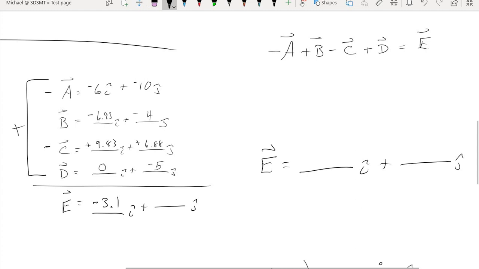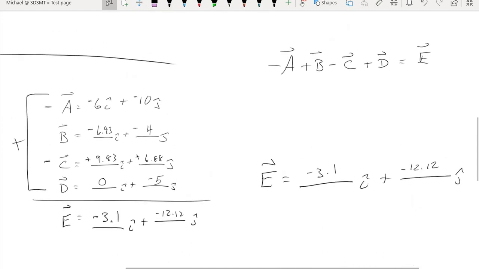We have a negative 10 plus a negative 4 plus a 6.88 plus a negative 5 makes for negative 12.12. So those are the values of vector E. And just in case we were curious, do we have the correct answer?